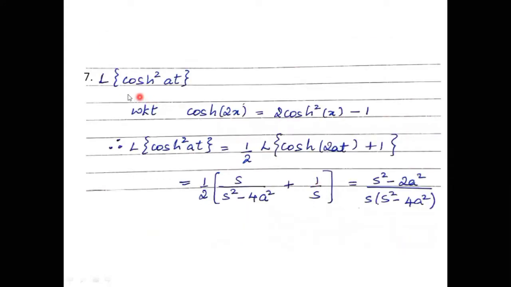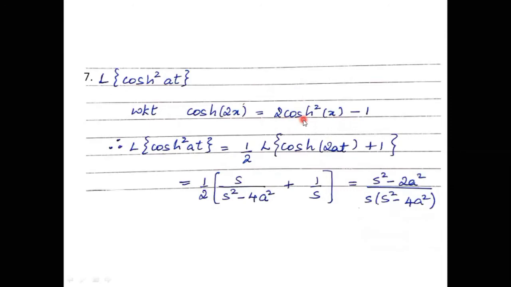Here they have given cosh square at. Laplace transform of cosh square at. We know this formula, that is cosh 2x is equal to 2 cosh square x minus 1. So I have used this identity.